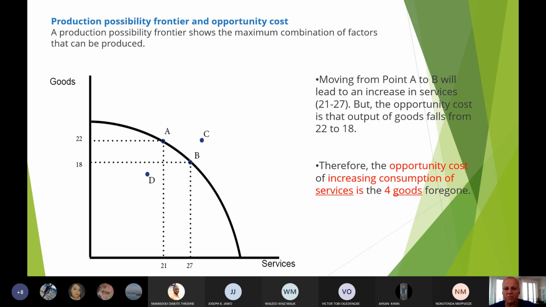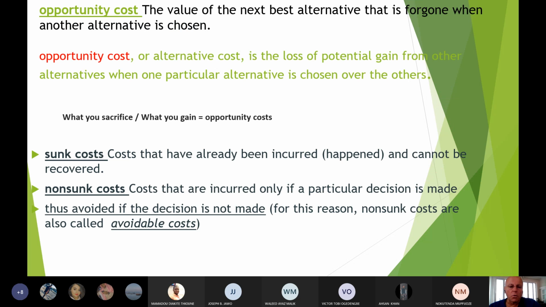We are assuming here, we are only using the goods preferences in this example. And opportunity cost from this point of view is clearly the value of the next best alternative that is foregone when another alternative is chosen. Therefore, you have to determine which alternative you are going to prefer.